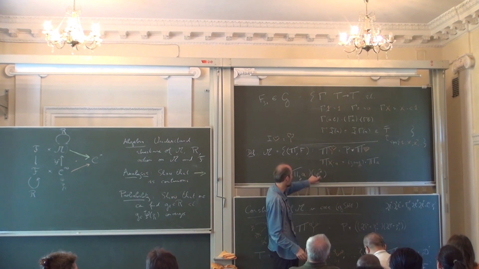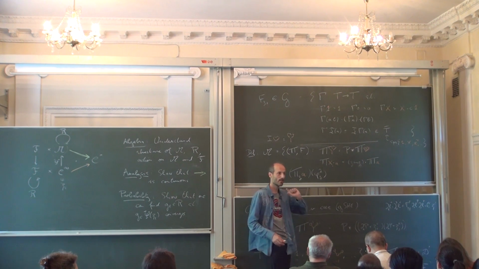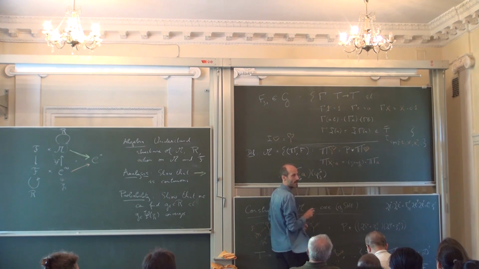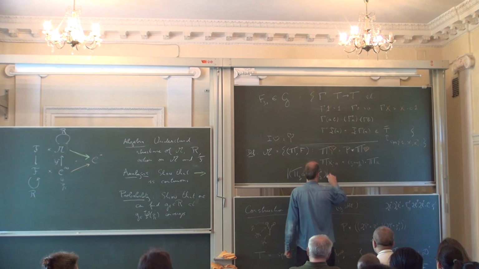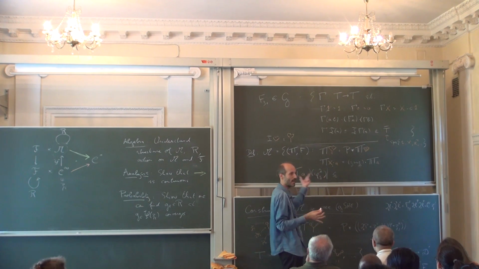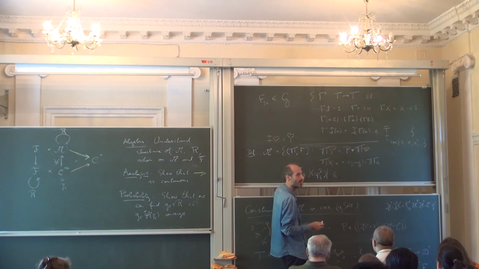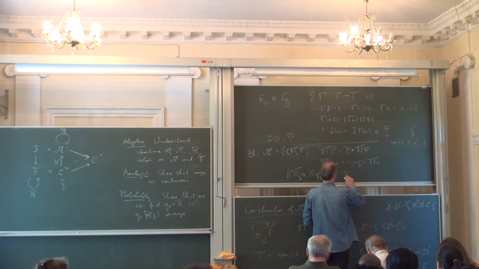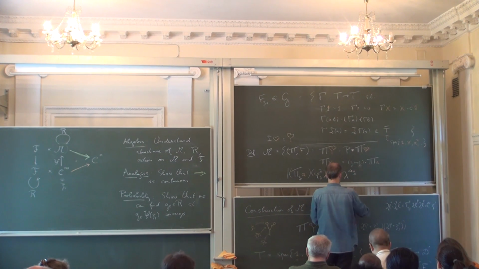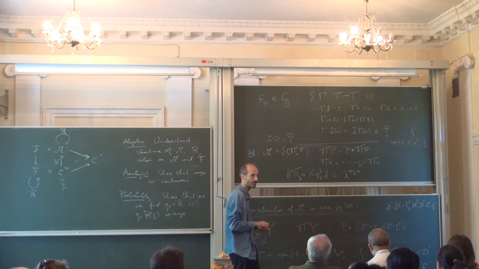Then you recenter it around the point z, and you test it against this. Well, you can guess how it should behave: like lambda to the power of the degree of A.